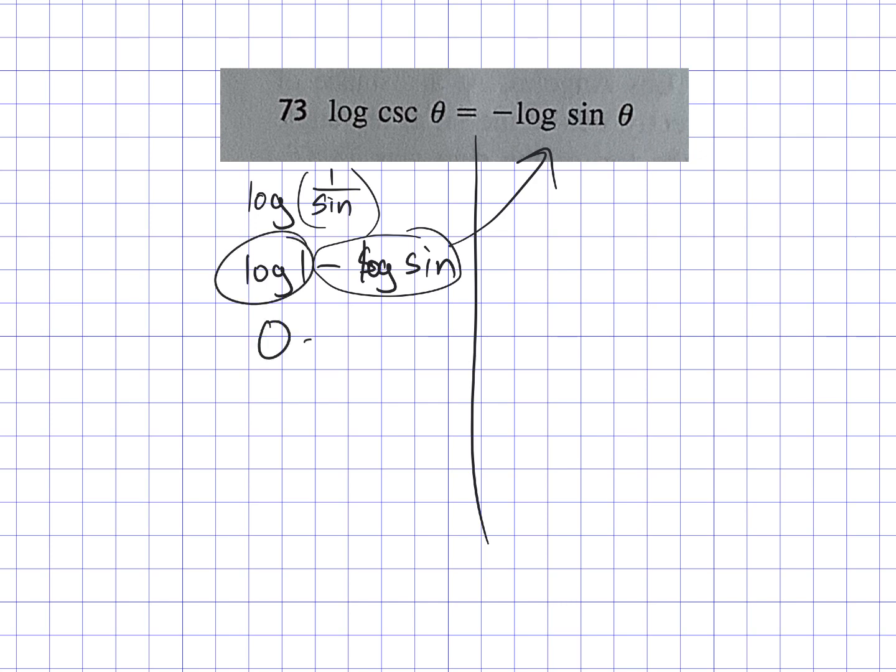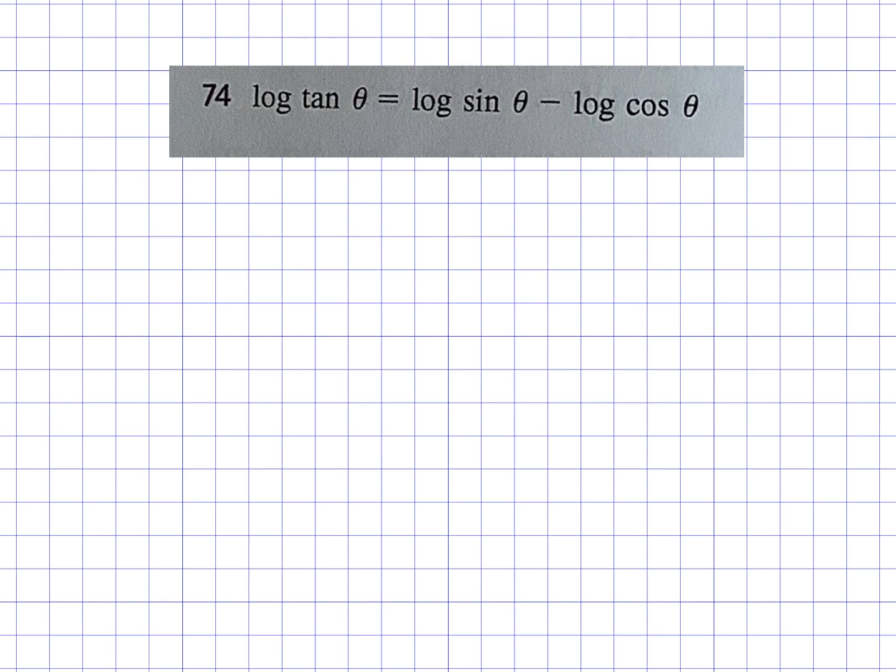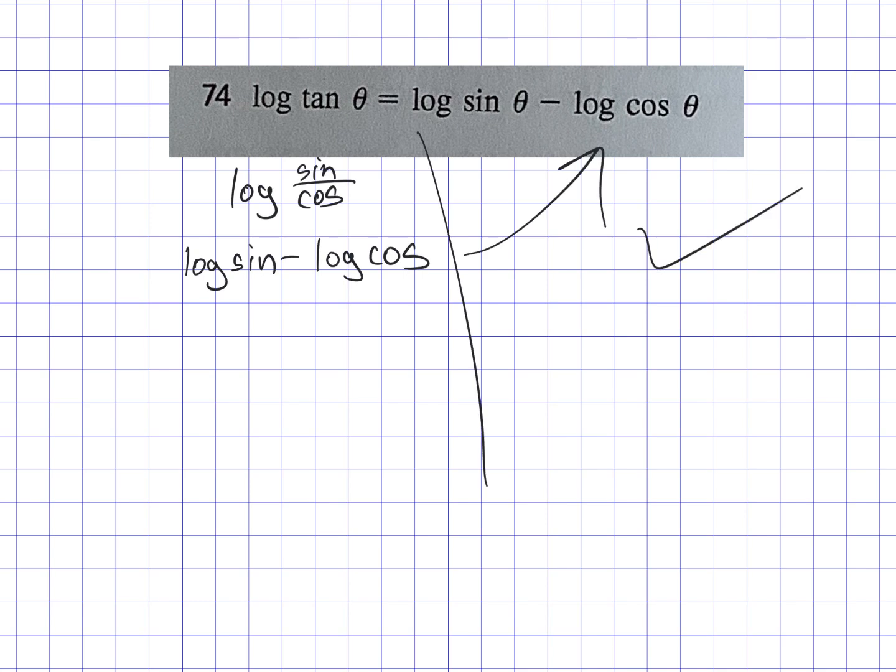Log of 1 is 0, minus log of sine. That's just going to be the exact same thing. So check, it's done. 74. The left side is log of sine over cosine, which is the same thing as the log of sine minus the log of cosine, which is what we have. Check.